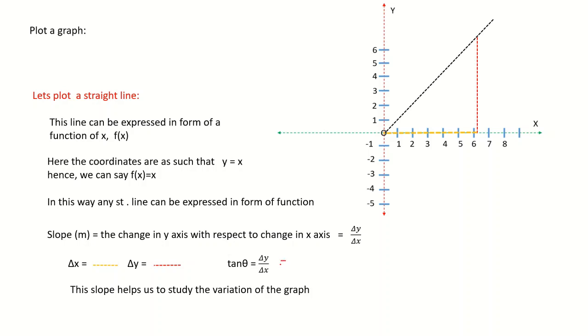This must be the theta angle, and this is 90 degrees. So tan theta equals to delta y by delta x. Thus we obtain the slope of a graph. So this is, as I have said, the most simple form of graph. As we advance and study further, we're gonna see such a kind of graph which contains a variety of slopes in a single curve.